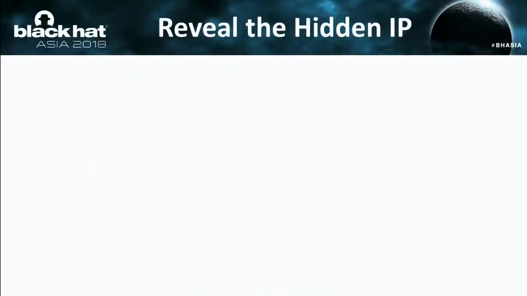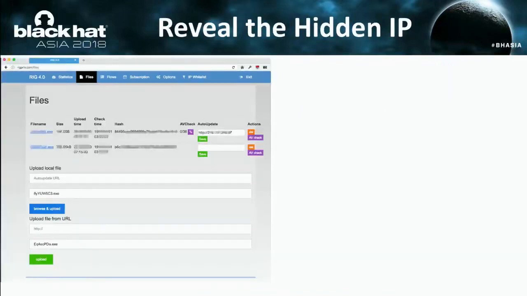So the third kind of weakness is that here is the interface to the panel server of RIG4 Exploit Kit. And here, if you take a look, is a place where you can set up an IP address or URL.